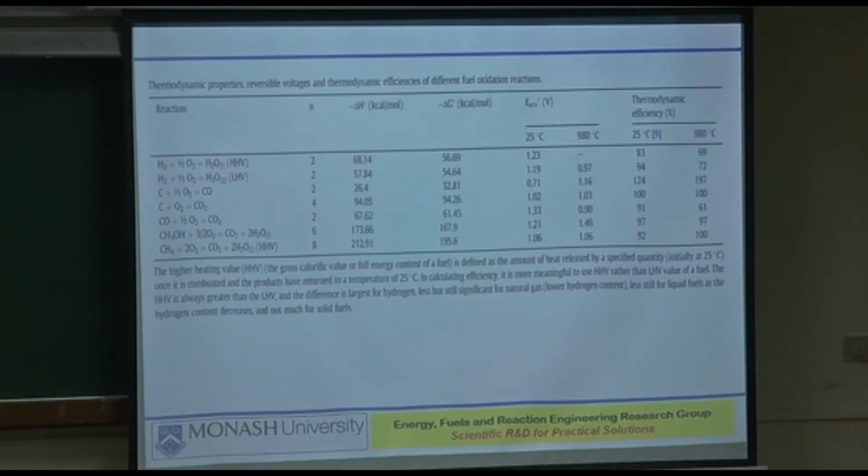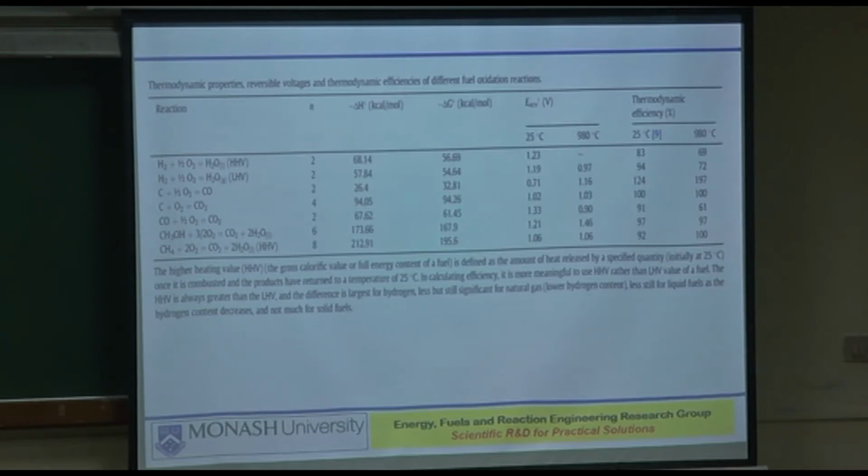So you have on the first column different reactions. Then you have in the second column the number of electrons involved. Then the third column is the total enthalpy involved.